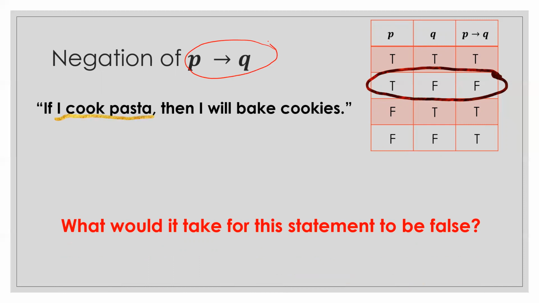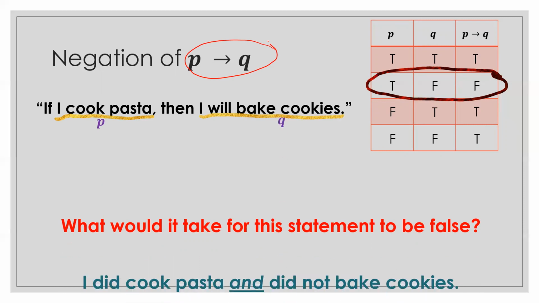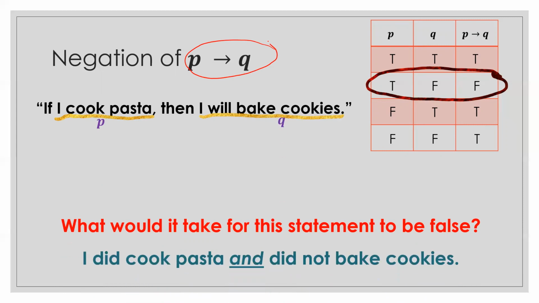P is I'll cook pasta, and Q is I will bake cookies. From the truth table, in order for this statement to be false, I would have done P and not Q. That means I did cook pasta, but did not bake cookies. That will make this statement false.